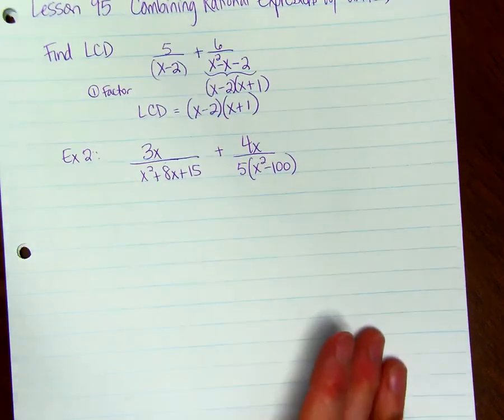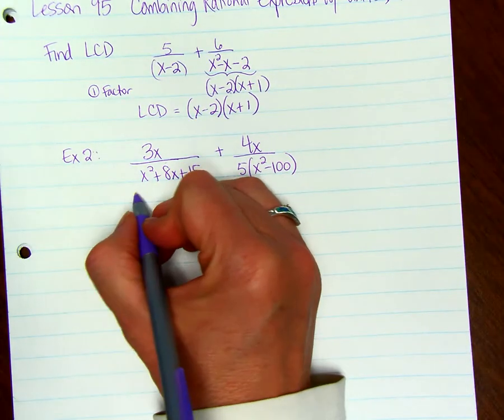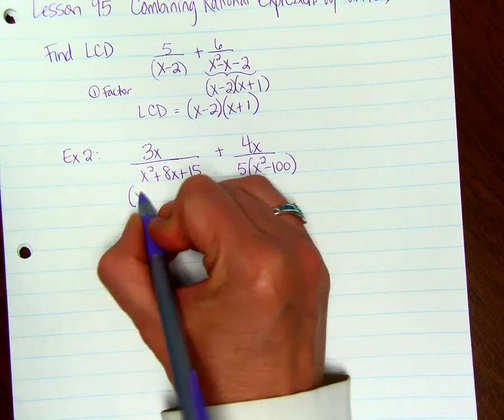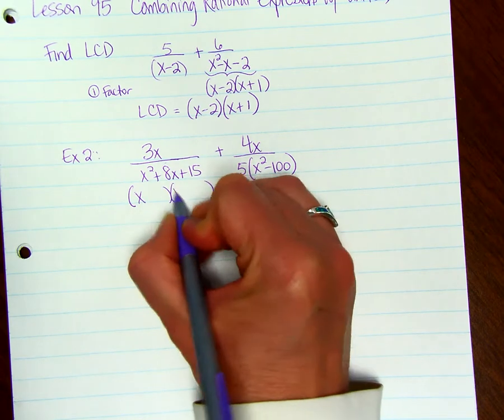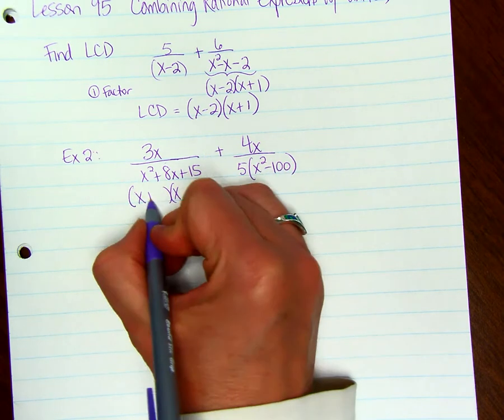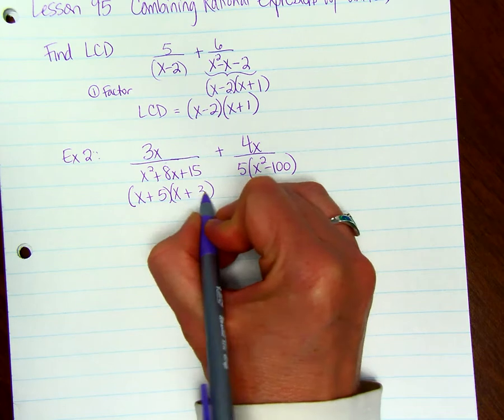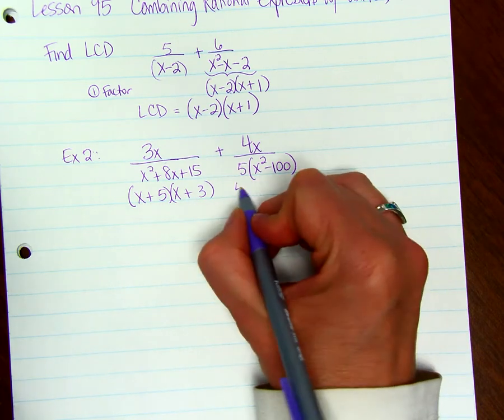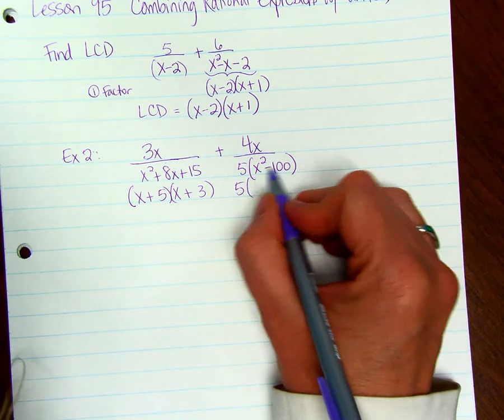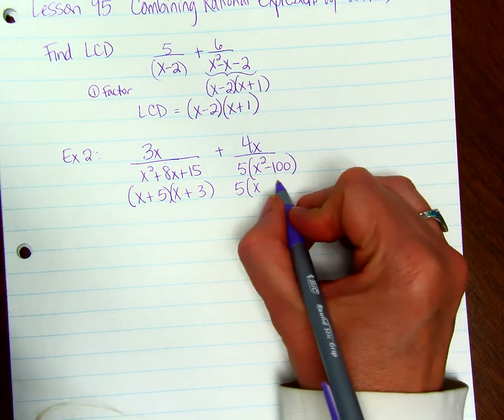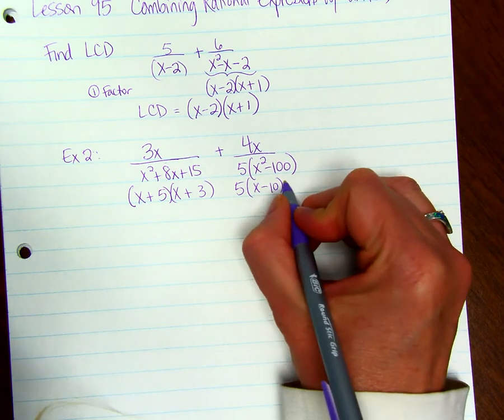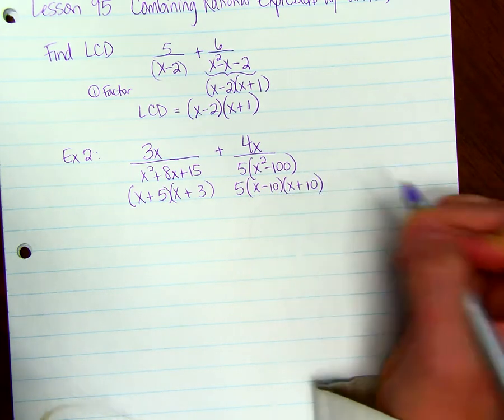We want to factor both of these denominators. This first one can factor: we need two factors of 15 that add to 8. So we have (x plus 5)(x plus 3). And then we need to recognize that x squared minus 100 is the difference of two squares, so we can have (x minus 10)(x plus 10).